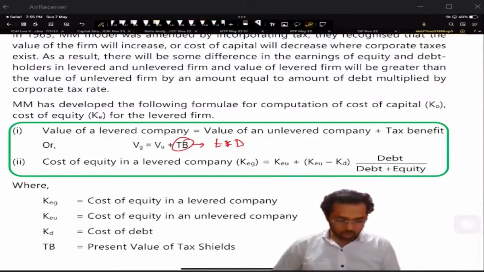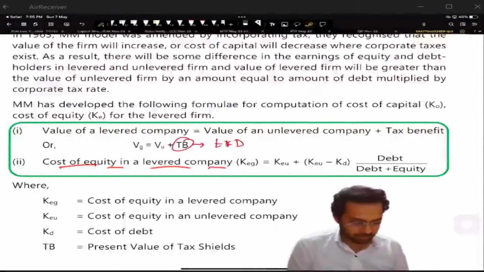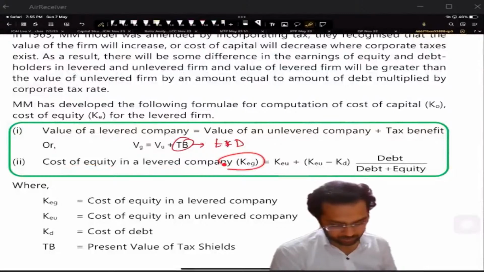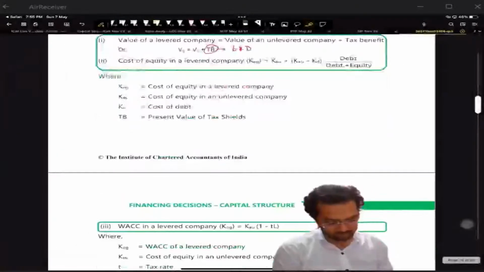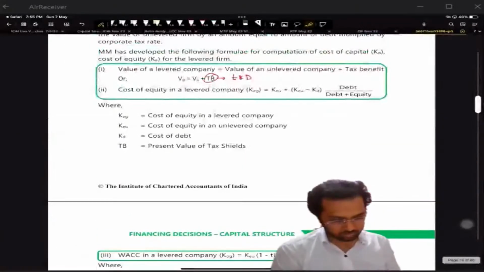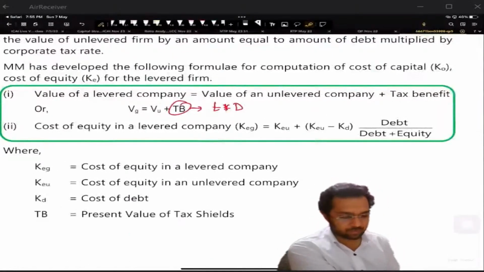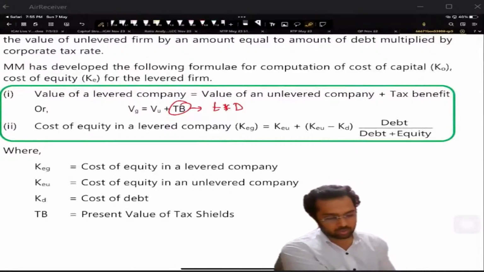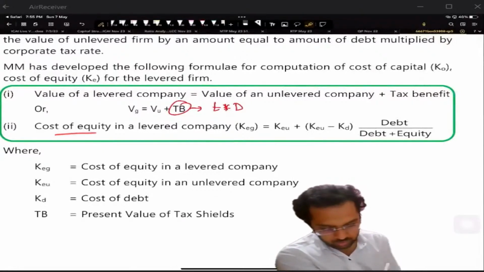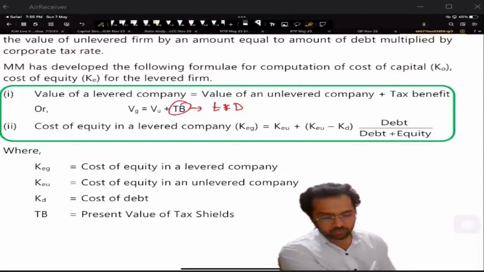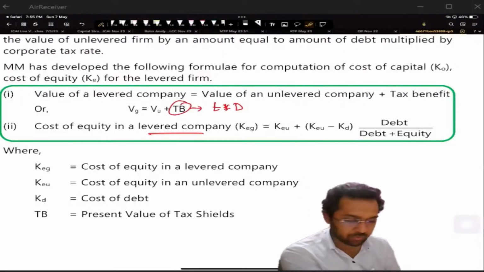Then cost of equity in a levered company is a new formula that we have. In case of a levered company, we can understand this formula in a very logical way. The expectation of equity shareholders in a levered company is going to be higher.